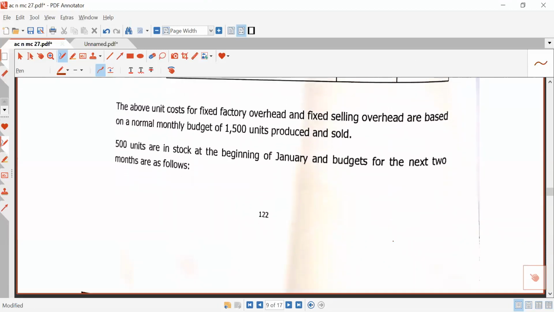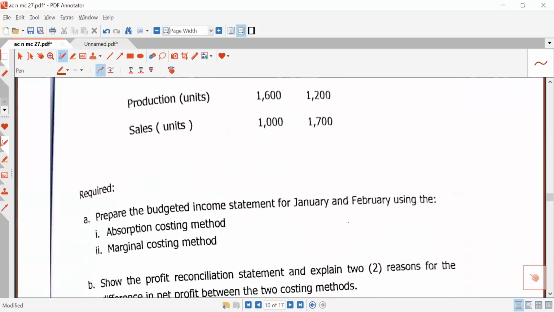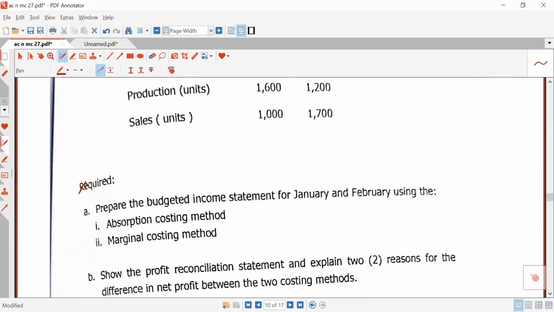And there are 500 units of stock at the beginning of January, and the budget for the next 2 months is as follows. So they give you January and February, and the requirement of the question is that they want you to prepare the income statement for January and February using absorption costing and marginal costing.